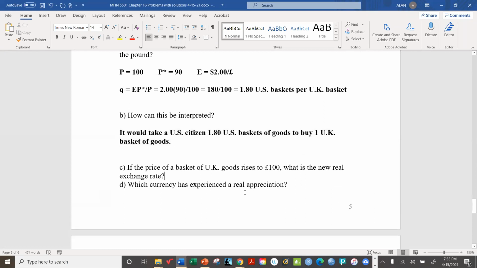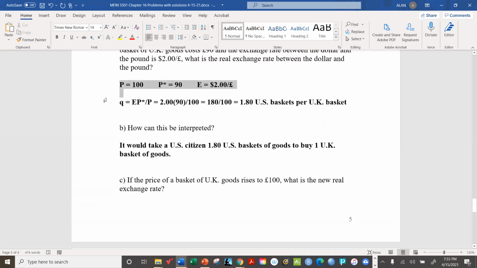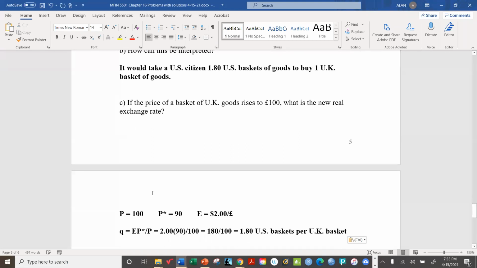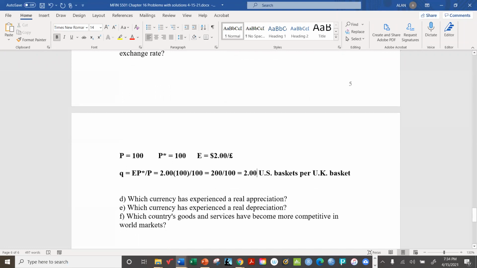Now, if the price of a basket of the UK goods rises to 100 pounds, what's the new real exchange rate? So really all we have to do is take this and update it. Now both price levels are 100. So suddenly it becomes 2 US baskets per UK basket, up from 1.80.